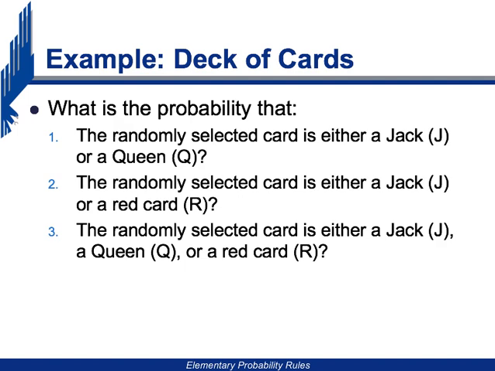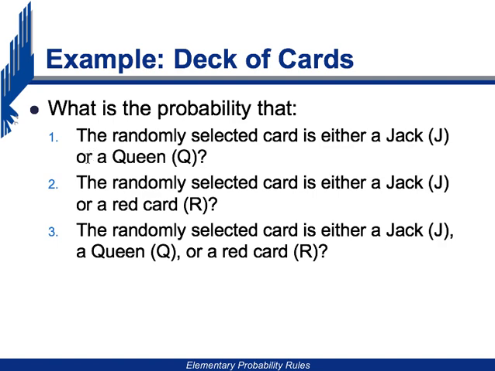First, what is the probability that the randomly selected card is either a jack or a queen? In this problem, it's asking not for one particular event only. It's also not asking for an intersection, and a clue here is the word or.